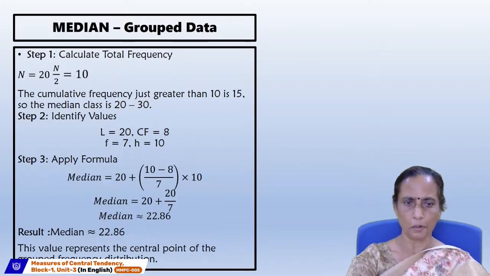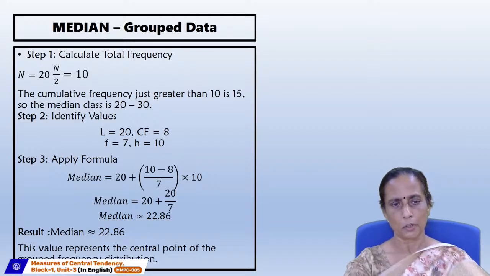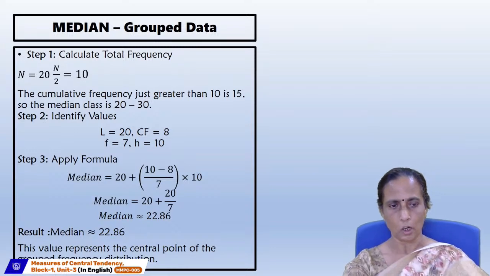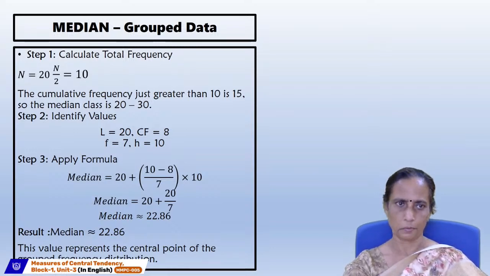So by applying the formula, our median will be 22.86. So this value represents the central point of the grouped frequency distribution.